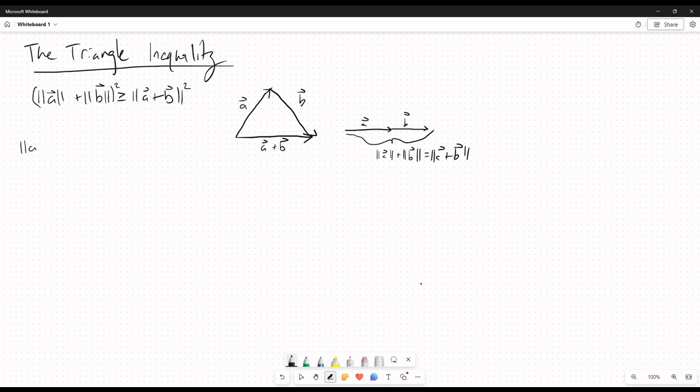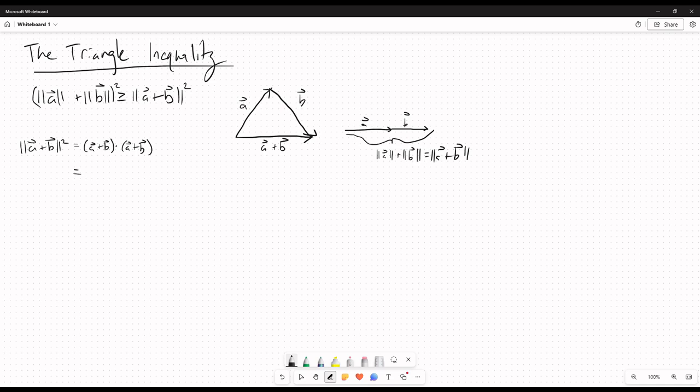We're going to start with the norm of a plus b squared, as I said. That's going to end up being the dot product of a plus b and a plus b, because remember, the norm squared is the dot product of the thing with itself. Since we have the distributive property, we can FOIL just like we would expect to be able to do.